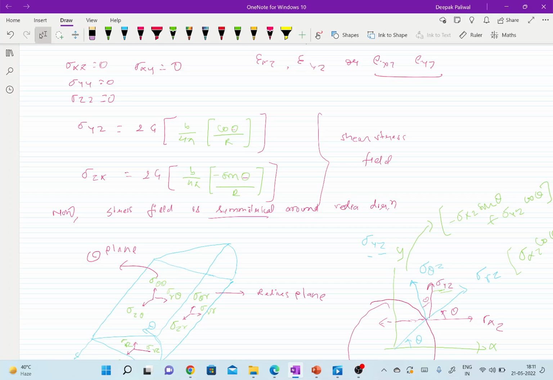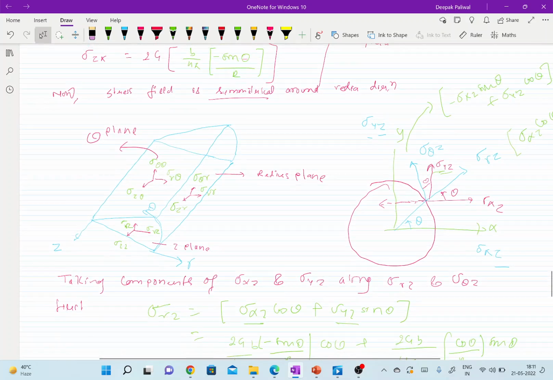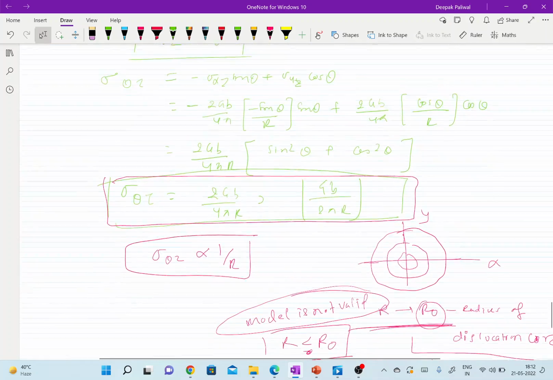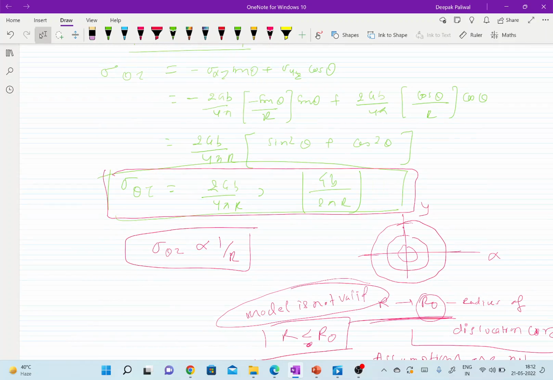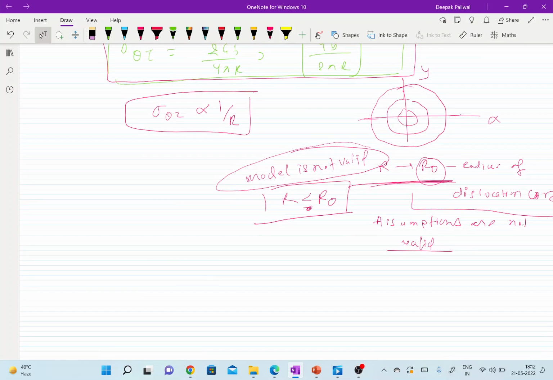We have strain components only in yz and zx, so we have stress components also, and our shear stress field is radially symmetric. So we have proved mathematically why it is radially symmetric. In the next lecture we will learn about the edge dislocation and the stress field around it.